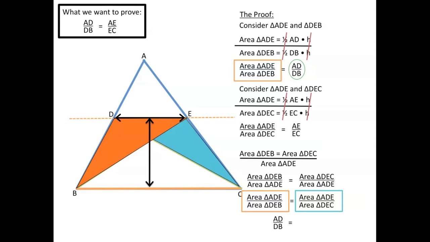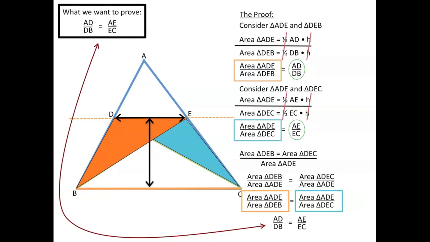Plus, if we look at the other side of the equation, this is the same thing as what we showed earlier. And we see that that's also equal to AE over EC. So now we have the proportion AD over DB is equal to AE over EC, which is exactly what we wanted to prove all along.